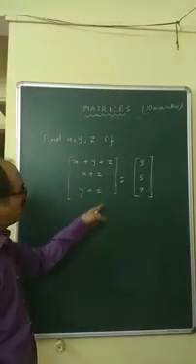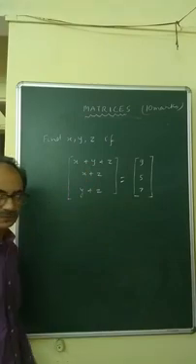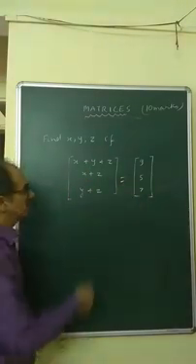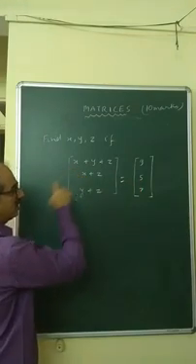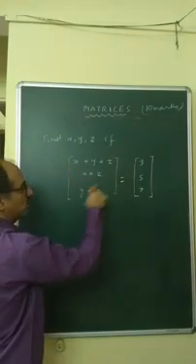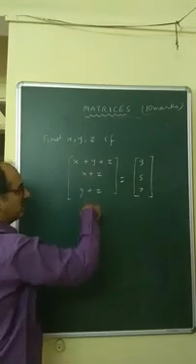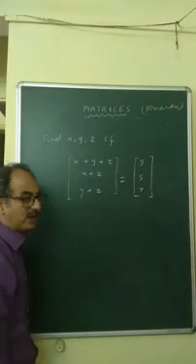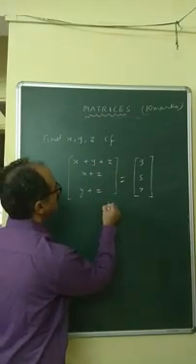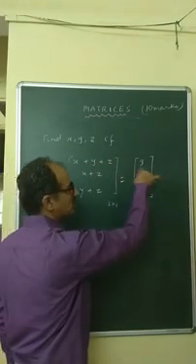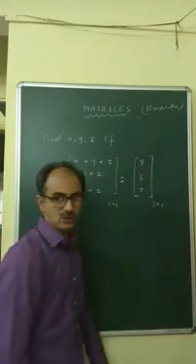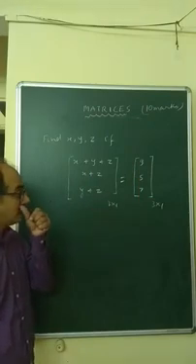So now you can see what is the order of this matrix, and what is the order of this matrix? See, how many horizontal lines? 1, 2, 3. And how many vertical lines? 1. So 3 rows and 1 column, so 3 cross 1. Here also 1, 2, 3, 3 rows and 1 column, 3 cross 1. So these two matrices are equal.